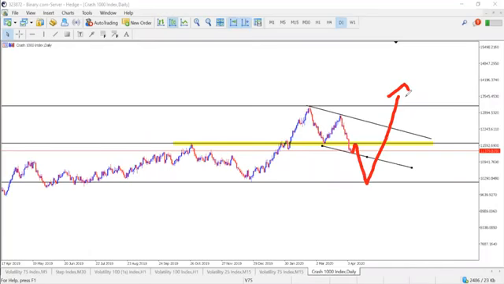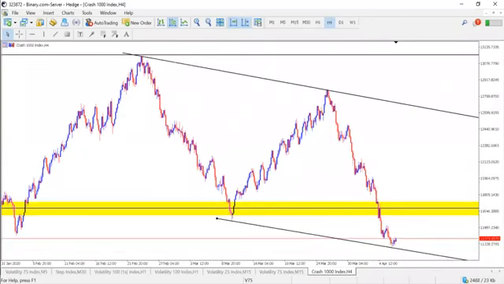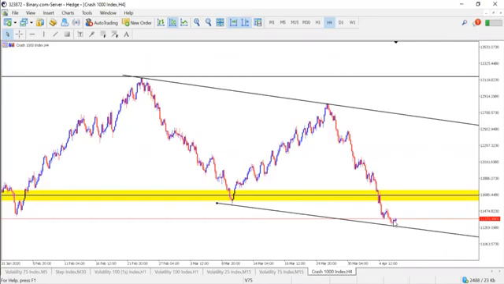So those are the possible movements that may occur. From the lower time frame, as I've mentioned, we're expecting a bounce to this level. So look at the price as it reaches this level and what's the reaction, right? Because we are currently in a downtrend.